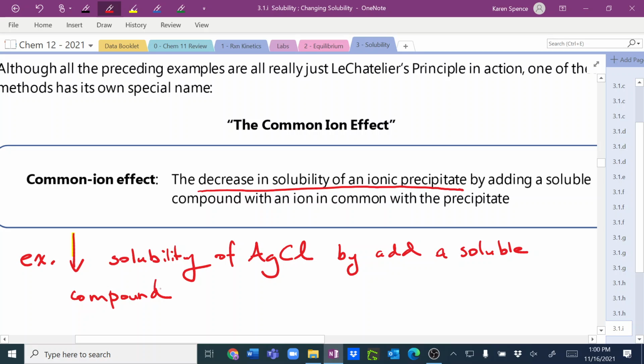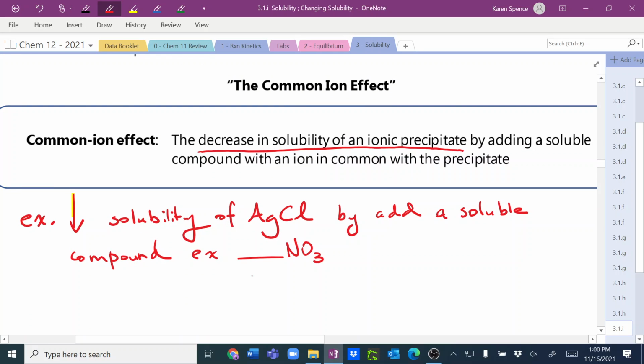And if I want it to be soluble, I could use something NO3 or I could use Na something, because those are guaranteed to be soluble, yes? So I'm adding a soluble compound with an ion in common with the precipitate.